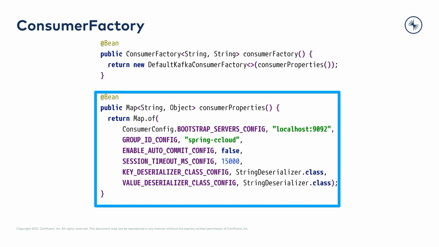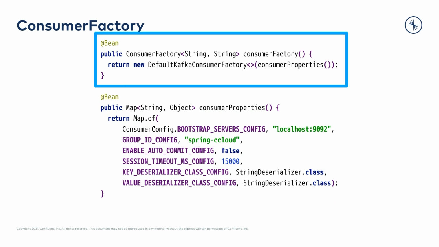So we're creating a consumer properties bean, which is essentially a map with keys and values for some of the config parameters. After that, we need to create a consumer factory bean that will take these parameters and will be responsible for instantiating new consumers.